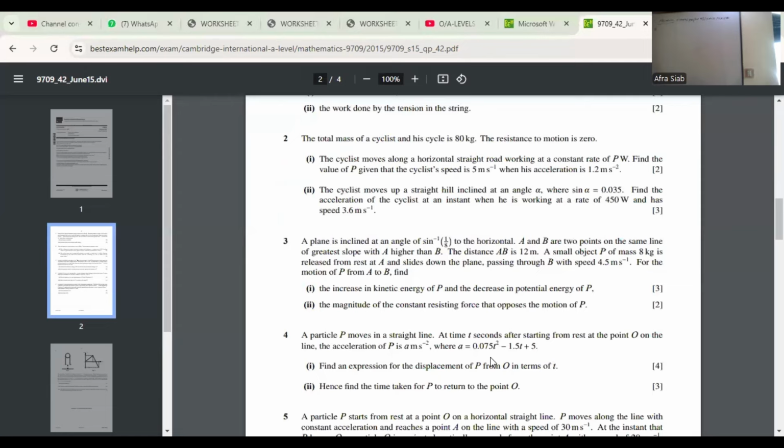A small object P of mass 8 kg is released from rest at A and slides down the plane, passing through the point B with a speed of 4.5 meters per second. Find for the motion of this P from A to B, first part, the increase in kinetic energy of P and the decrease in potential energy of P. And the second part is the magnitude of the constant resisting force that opposes the motion of P.